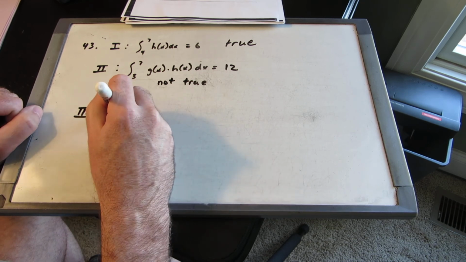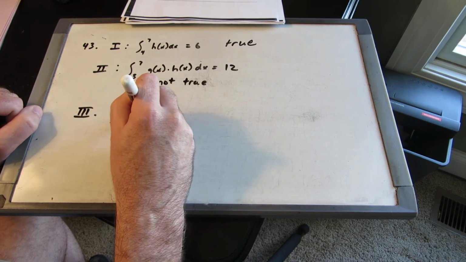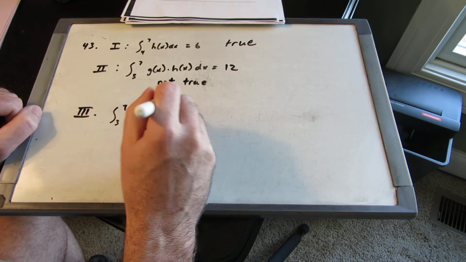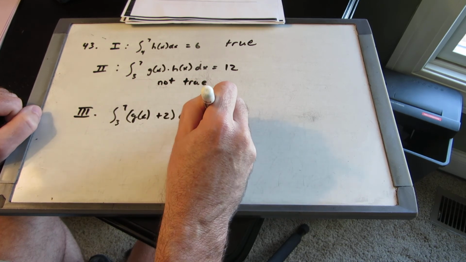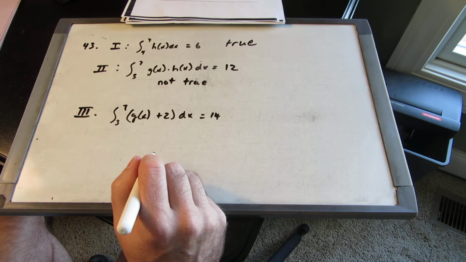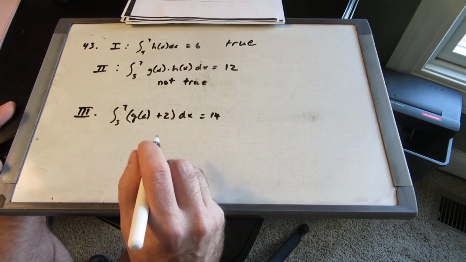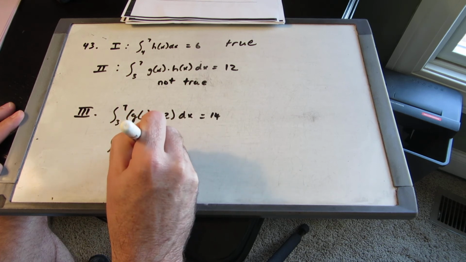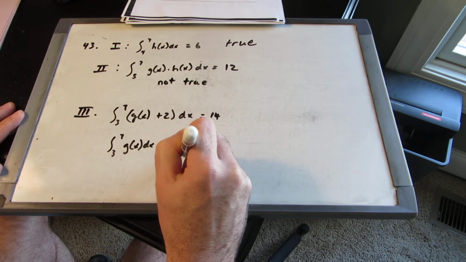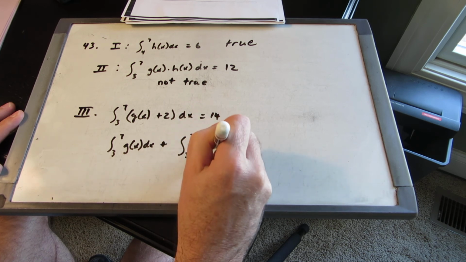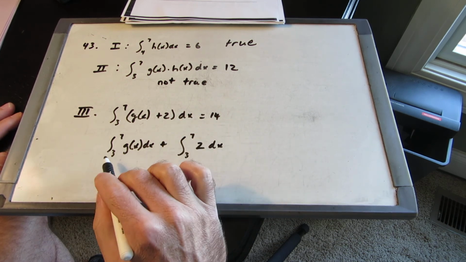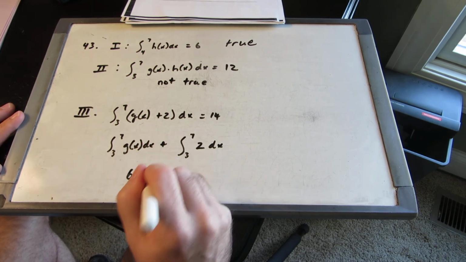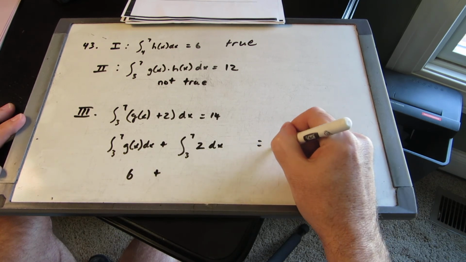Okay, so let's look at 3. We have the integral from 3 to 7 of g of x plus 2 dx is equal to 14. Let's see if that's true. We could split this up into the integral from 3 to 7 of g of x dx plus the integral from 3 to 7 of 2 dx. We know that the integral of g of x dx from 3 to 7, according to the original problem, is 6, and that whole thing is supposed to be 14.